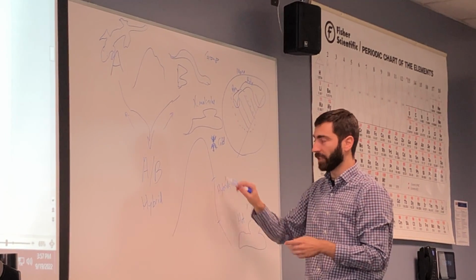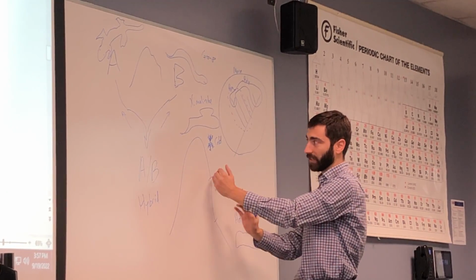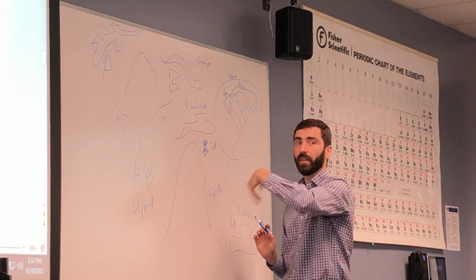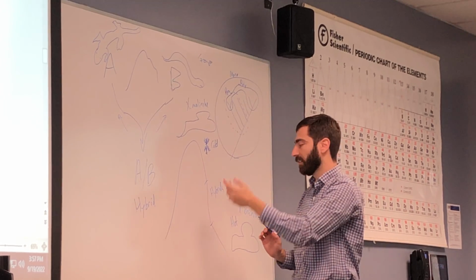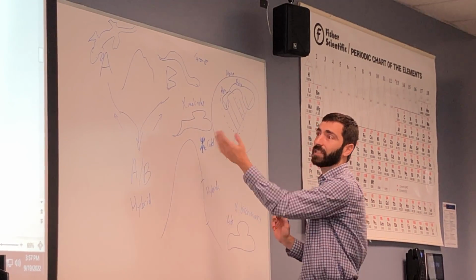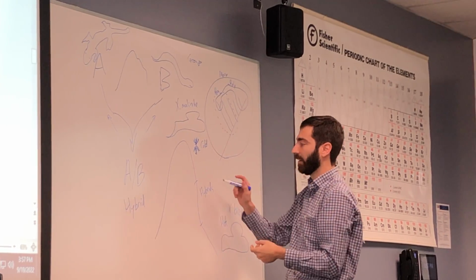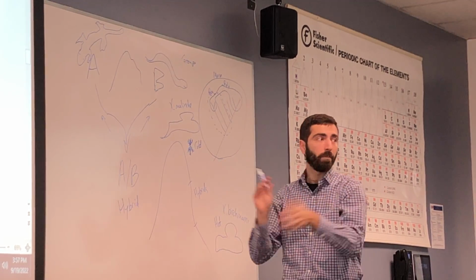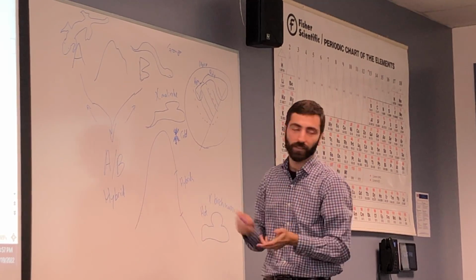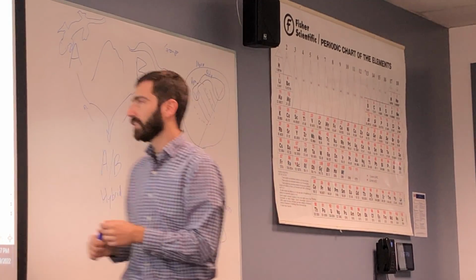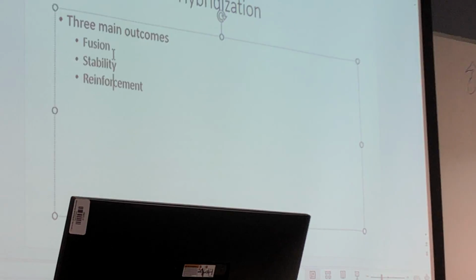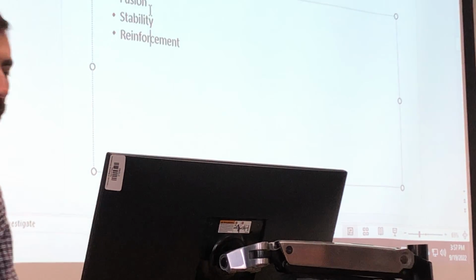And you see hybrids in these intermediate sections where it's not too hot, not too cold. But you go further north, you don't see hybrids anymore. You go further south, you don't see hybrids either. So this would potentially be a case of stability, where we have all 3 possible outcomes occurring. You have the 3 species in a way. So stability is sort of the intermediate of reinforcement and fusion.